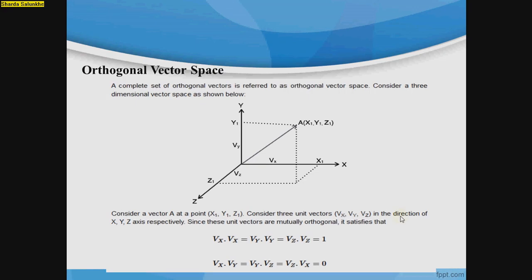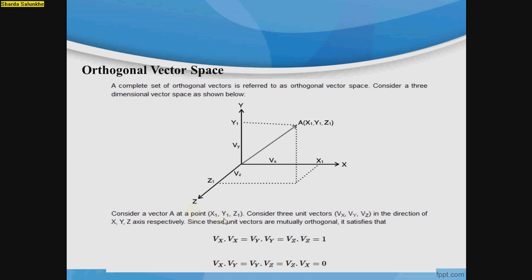Next, orthogonal vector space. Let us take the three-dimensional vector space shown here, that is x, y and z. The vector along x is Vx, the vector along y is Vy, and the vector along z is Vz. Let us take one point A having three coordinates, A equal to x1, y1 and z1.